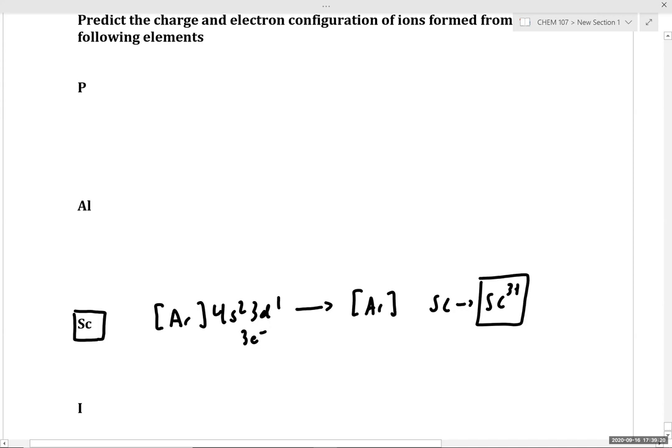Professor, how did you get to 3d1? Because the next orbital that's filled after the 4s is the 3d. And because scandium has 21 electrons and argon has 18, our 3 electrons go first in our 4s and then afterwards into our next highest energy orbital, which is the 3d orbital.